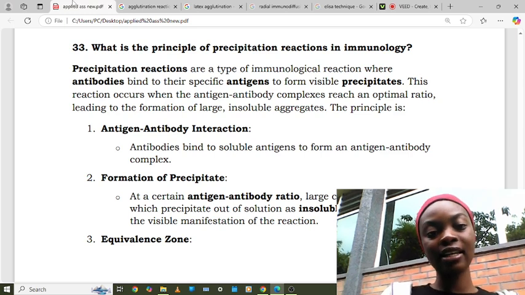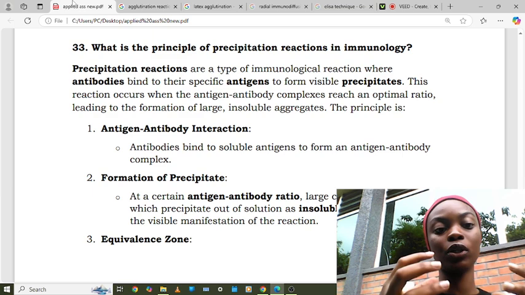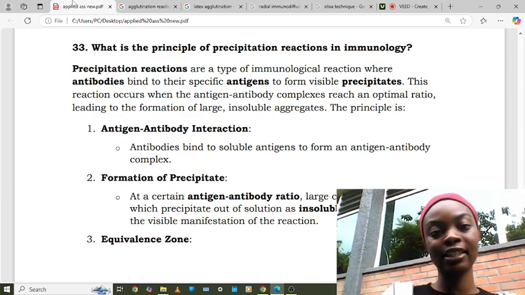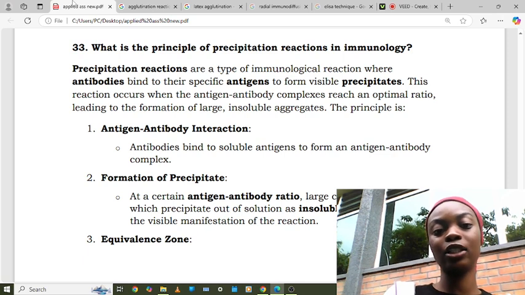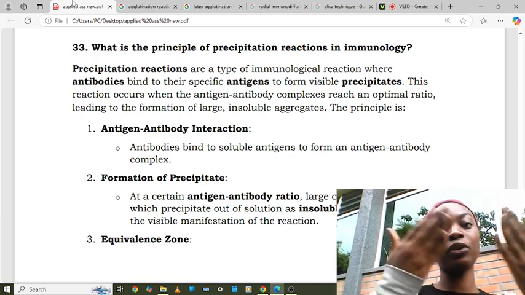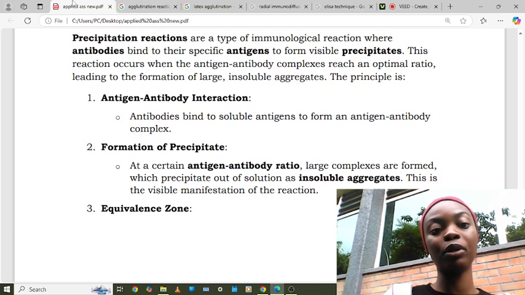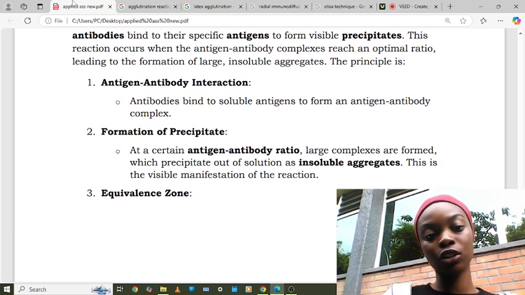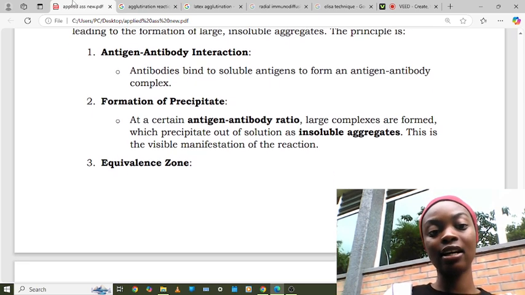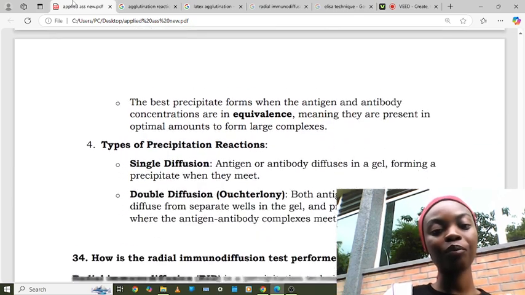And when the antigen and the antibodies bind together, it will make what we call a precipitate. This precipitate will go down the solution while the remaining, the supernatant, will remain on top. Then these precipitations are going to be proportional to the concentration of antigen and antibodies in the reaction.